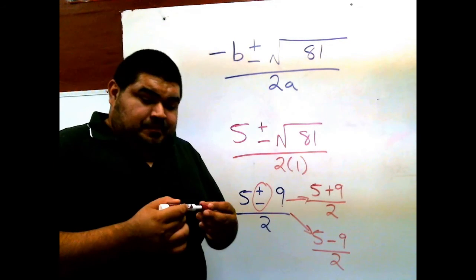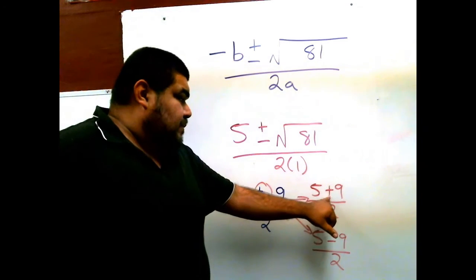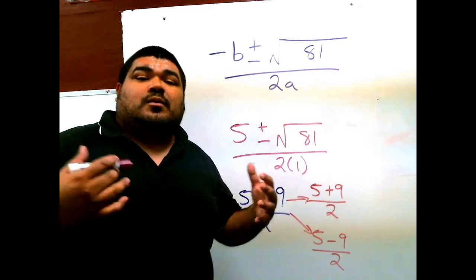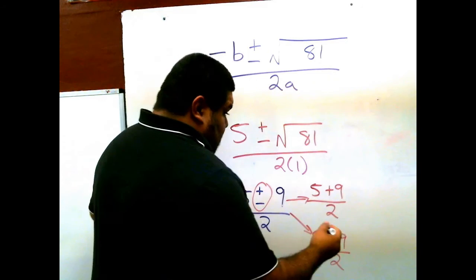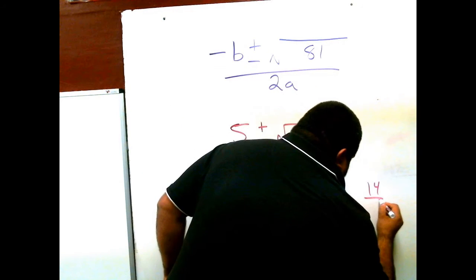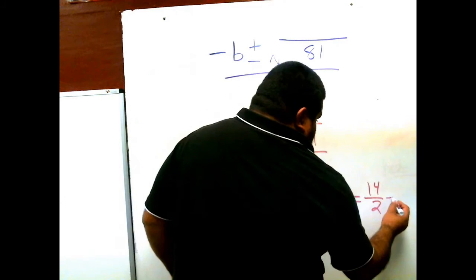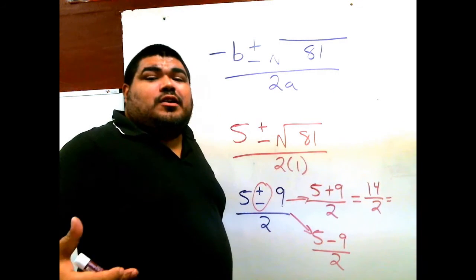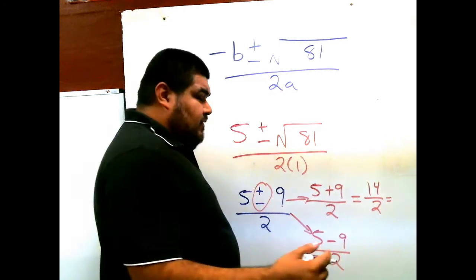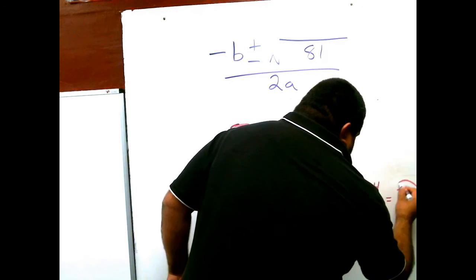Okay? So you have 5 plus 9, which in this case is 14. 14 over 2, which technically becomes 14. Well, 2 can go into 14 7 times. So one answer is 7.